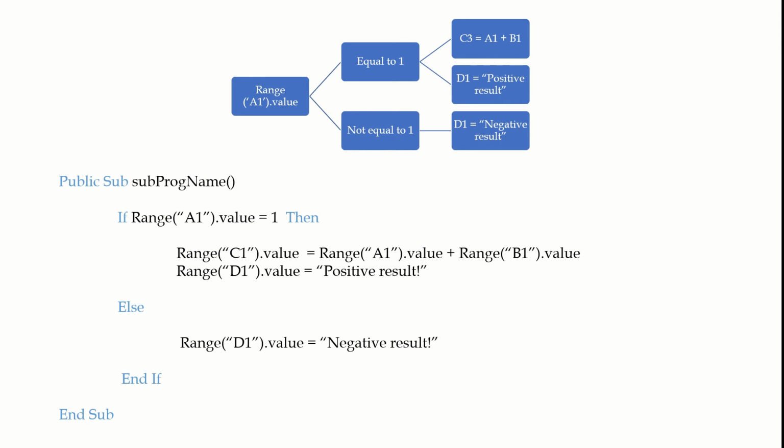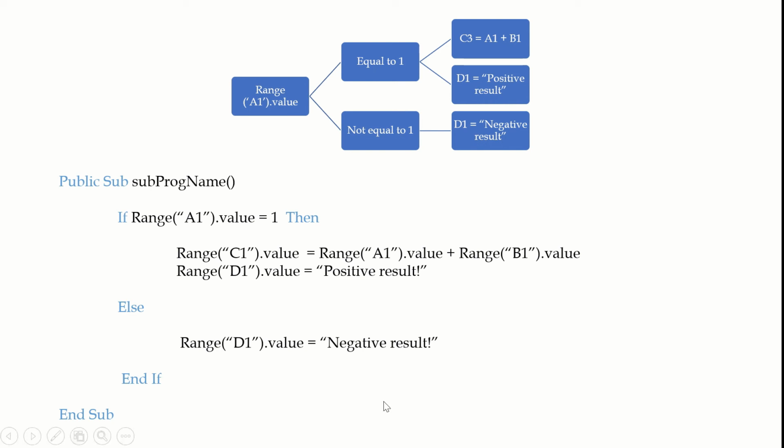You should be familiar with the process statements in the process section of the if statement by now. And if you're not, I encourage you to go through the previous videos.